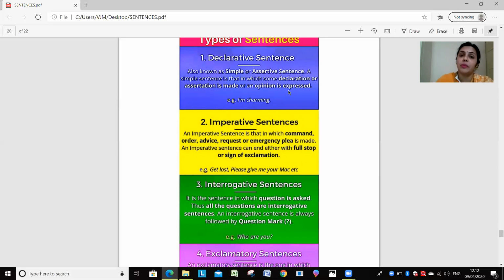When we express our opinion, that also becomes a declarative sentence. An imperative sentence, as we all know, gives a command, order, advice, request, or an emergency plea. It ends with a full stop or a sign of exclamation depending on the tone.